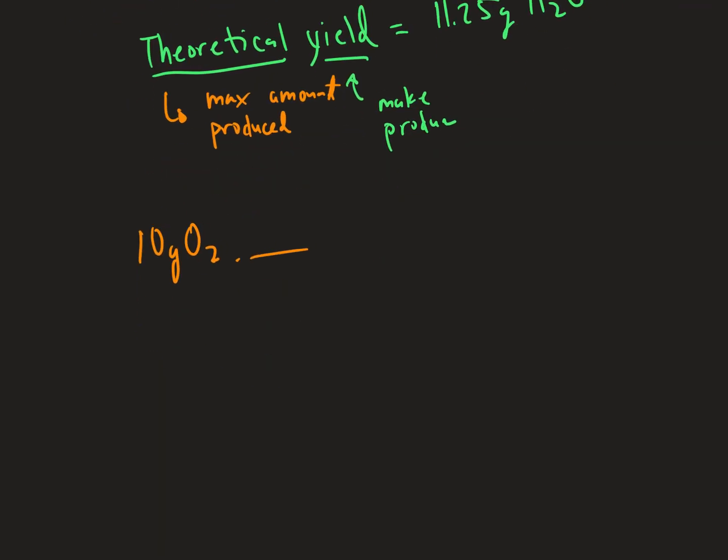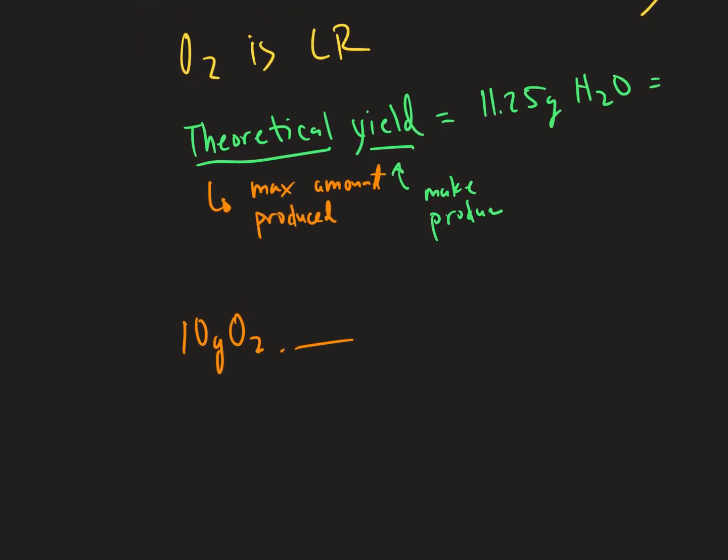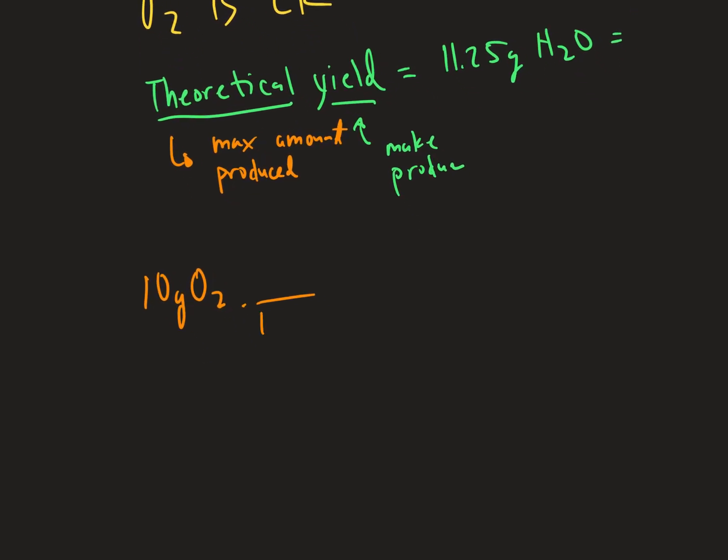Okay? So we're going to convert this to grams of hydrogen gas. We're going to do the same thing. We're going to just copy and paste this. We already did the work, right? So 32 grams of oxygen on bottom, so they cancel, to 1 mole of oxygen gas on top. That goes away.